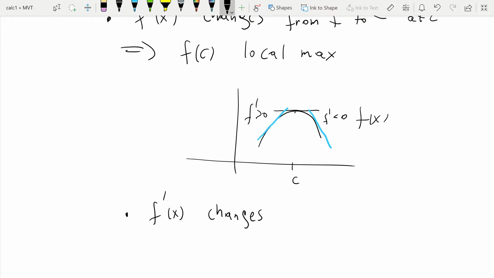Now this is the next situation. f prime changes from negative to positive at the point c. And so we have the opposite situation: f of c corresponds to a local minimum.